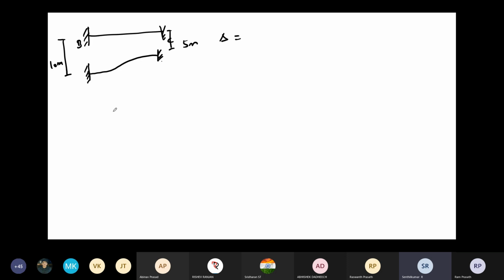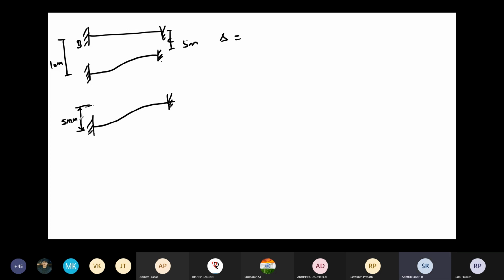So, if I am going to draw another way, I can draw it like this. This is the 0 level, and this sinks by 5 mm.